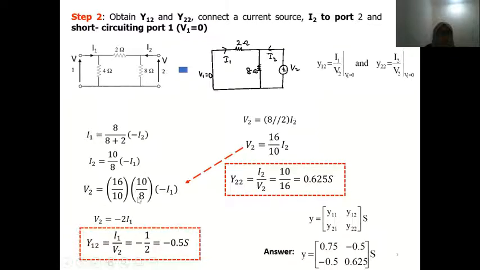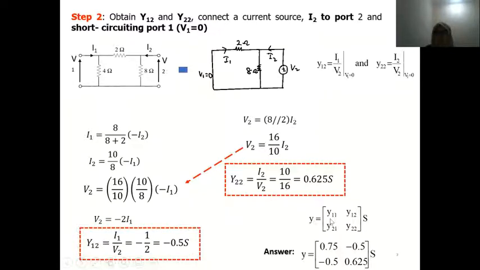You substitute I2 with this equation. So you get V2 in terms of I1 as minus 2 I1. From here, you can get Y12, which is I2 divided by V2, that gives you minus 1 over 2.